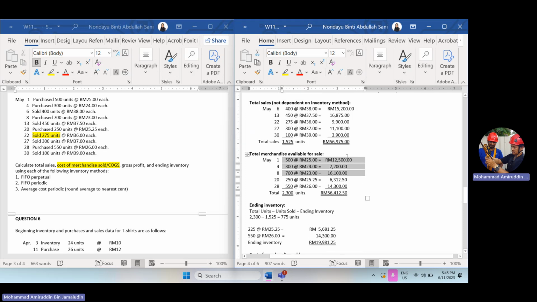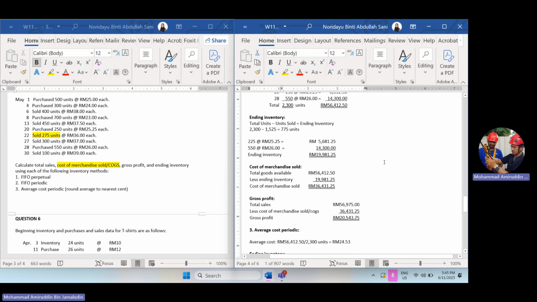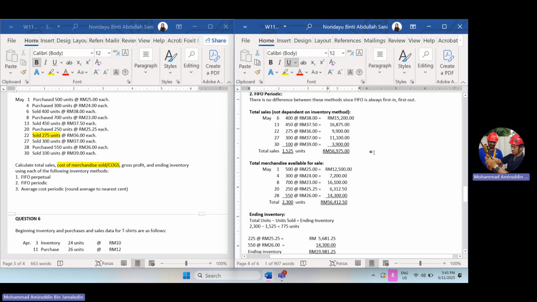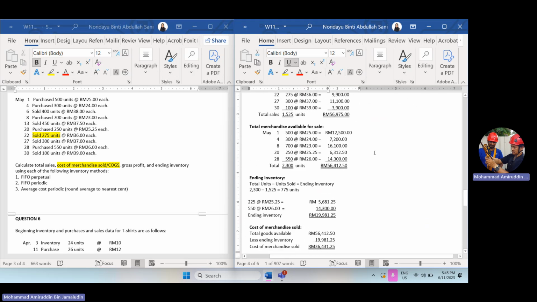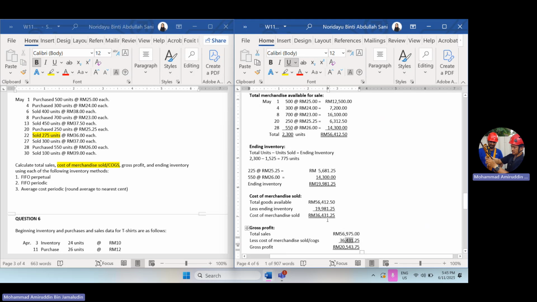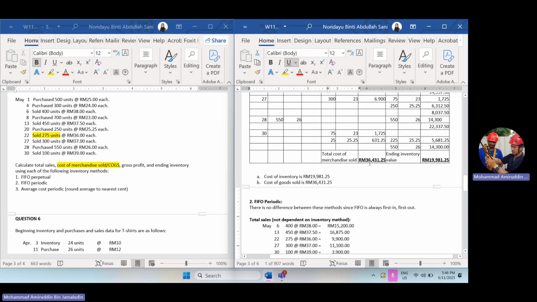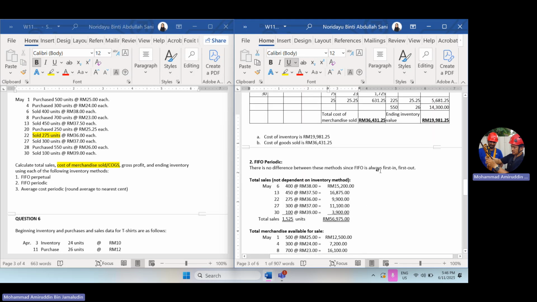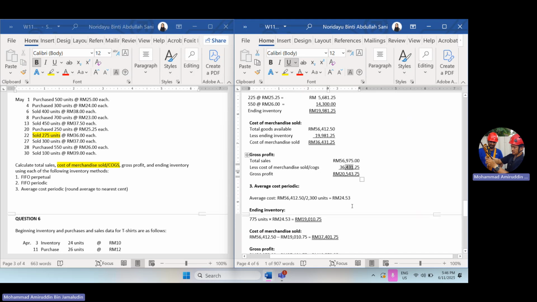So total sale we can take from the periodic. So this is your total sales, 56975. And then minus your COGS. COGS, if you use periodic, would be this one, 36431. Or you use perpetual, this one, same, because 54. So your sales minus COGS, you get gross profit. Okay, done.